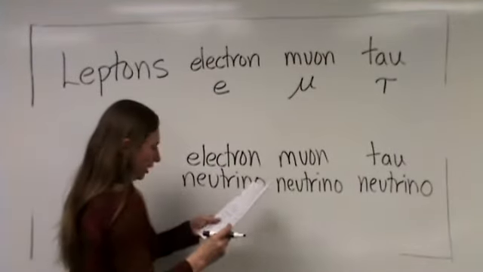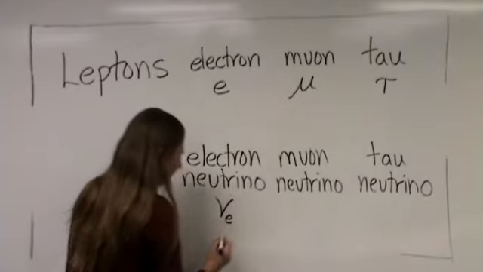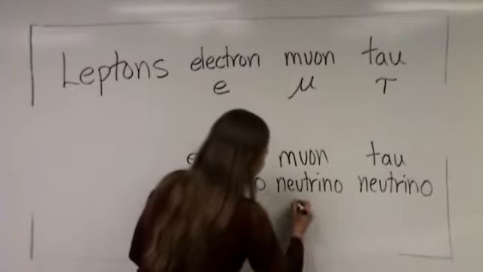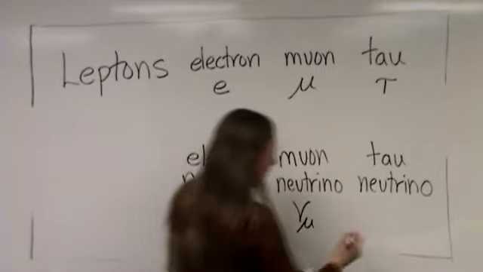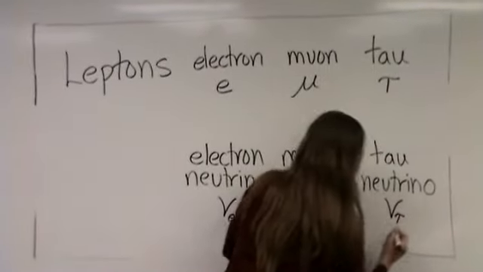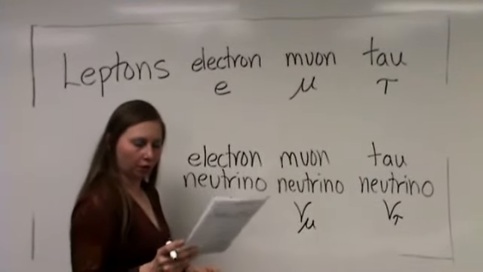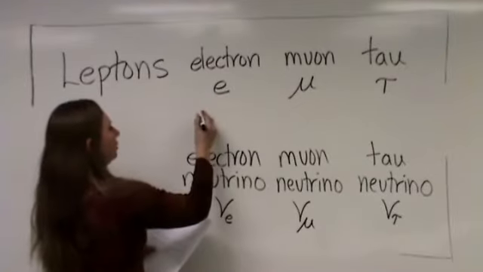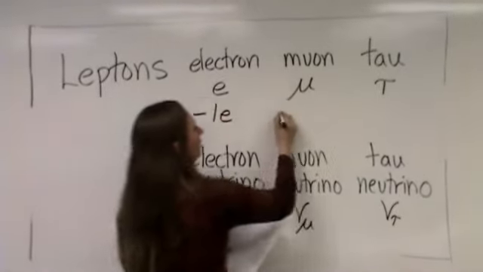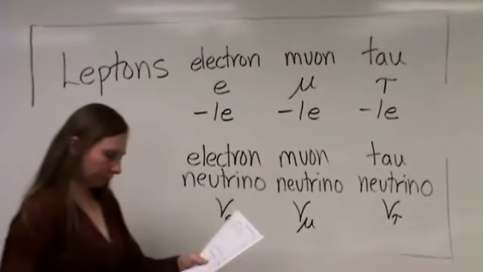Now, the electron neutrino is a fancy little V with an E for electron, a fancy little V with a mu, and a fancy little V with a tau. So those are the symbols for those particles. What about the charges? The electron, the muon, and the tau are all -1.